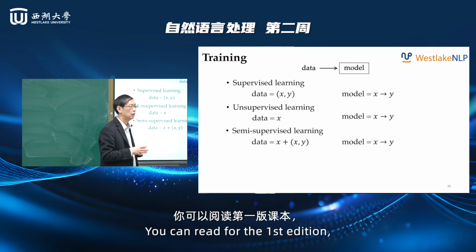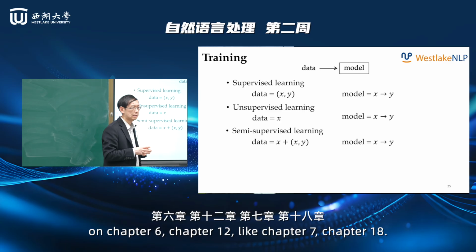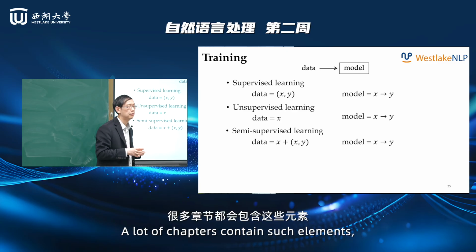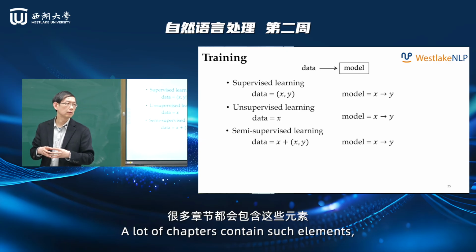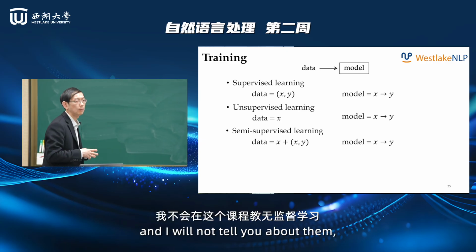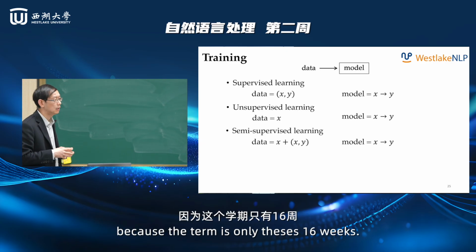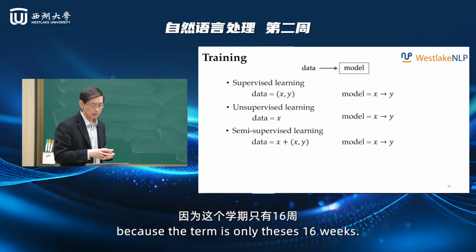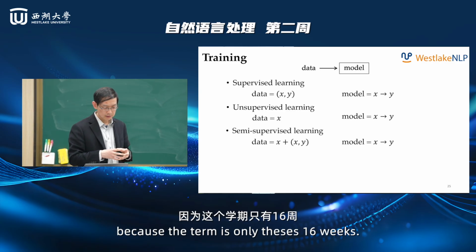You can read for the first edition, chapter 6, chapter 12, chapter 7, chapter 18, a lot of chapters contain such elements. I will not tell you about them because the term is only these 16 weeks.